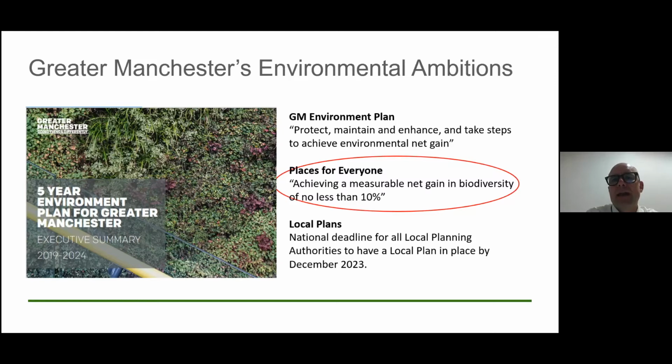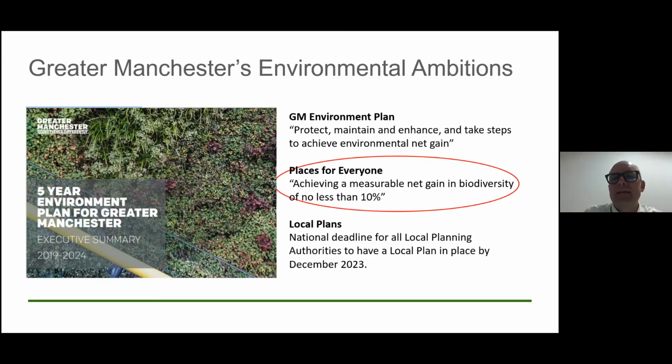Environmental net gain is the next step from biodiversity net gain, and that's a key outcome for the 5-year environment plan for Greater Manchester, but also the 25-year environment plan for the country. There's a step change from looking to deliver biodiversity net gain to then, on the journey, achieving environmental net gain. And within our infrastructure plan, our Places for Everyone plan, that sets out where our next houses and offices are going to be built.